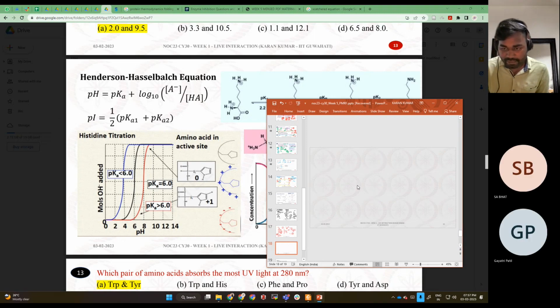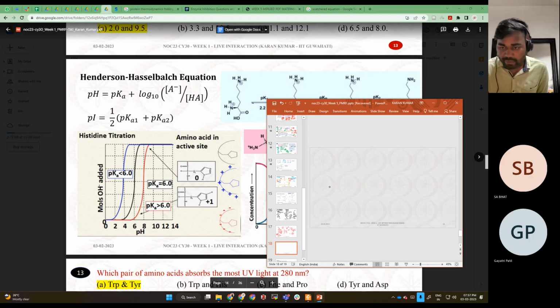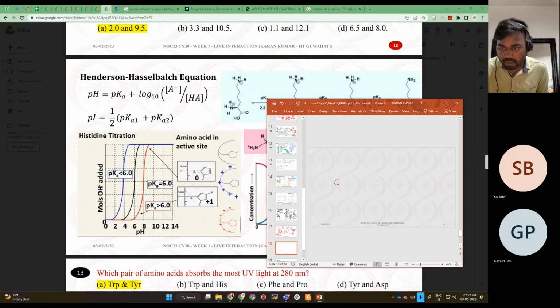In the side chain also, or any amino acid like that, there will be an NH3 plus at the lower pH. This will be the COOH, and in the side chain you have one more COOH. Okay, so at lower pH everything will be protonated, but the first thing that will lose its proton will be the alpha carboxylic group.